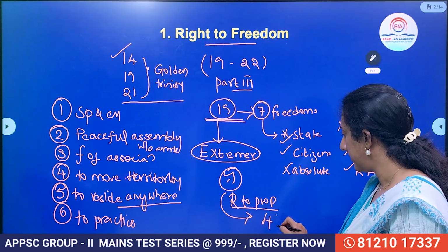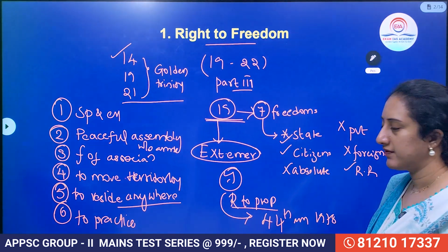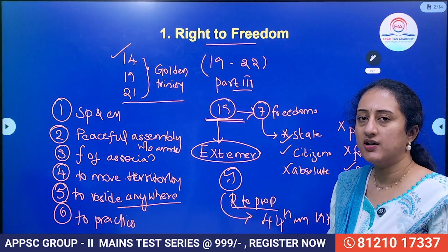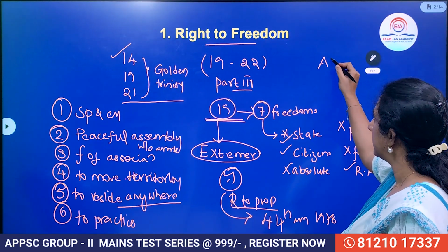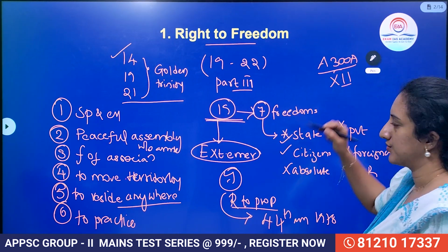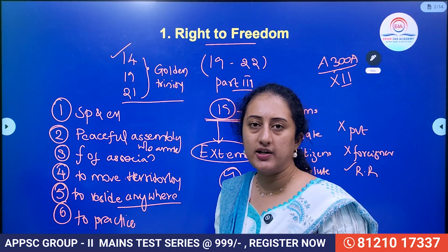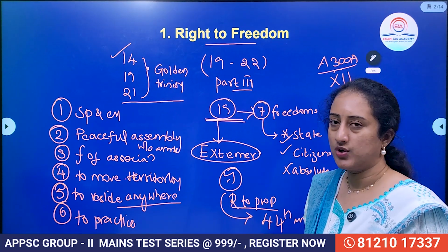This was later repealed by the 44th Constitutional Amendment in the year 1978, and it was inserted in Article 300A of the Indian Constitution under Part 12. It was no longer a fundamental right, only a constitutional and legal right. This is one thing we have to understand.